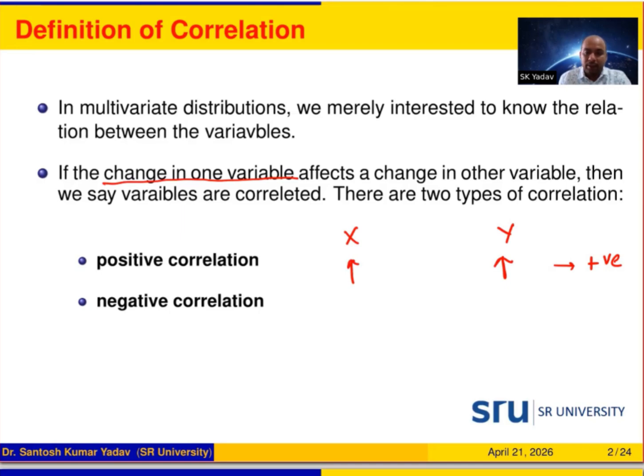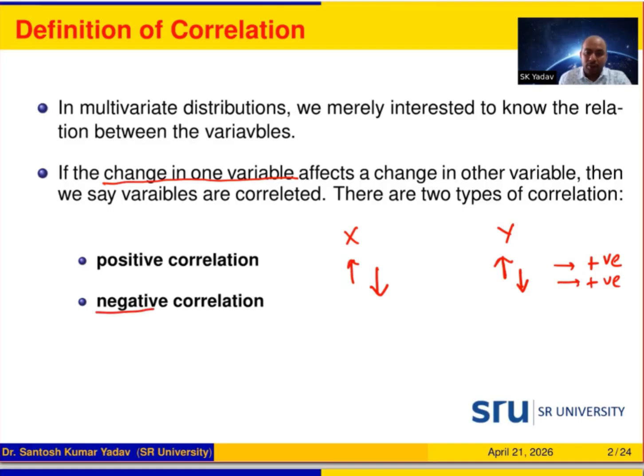Similarly, if there is a decrease in variable x and a corresponding decrease in variable y, it is also a positive correlation. That means when the variables are proportionate positively, we call it positive correlation. Or you can say if variables are aligned in the same direction, then those variables have positive correlation.